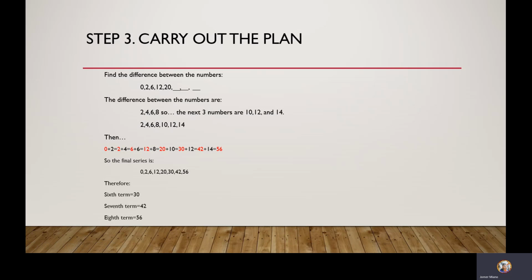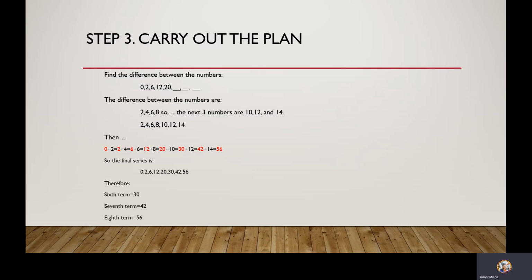Then, pagsamahin lang natin sila, kung gaya ng ginawa natin kanina. So, 0 plus 2 is equal to 2, plus 4 is equal to 6, plus 6 is equal to 12, plus 8 is equal to 20, plus 10 is equal to 30, plus 12 is equal to 42, then plus 14 is equal to 56.